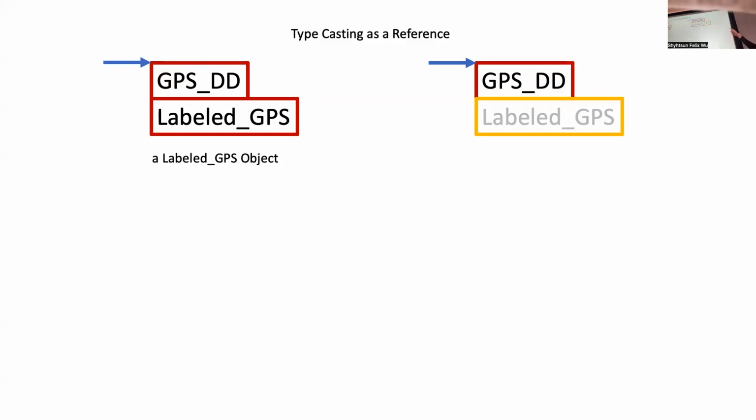So when we do typecasting as a reference, remember, when you have any kind of inheritance, this is a labeled GPS object, but this object has multiple components. So when you do the casting, essentially you're using exactly the same object in the memory location, but instead you have what we call a reference or pointer.